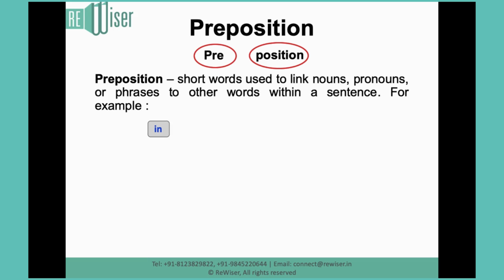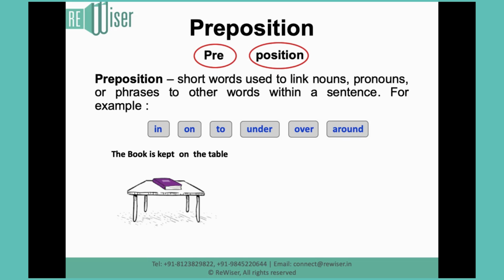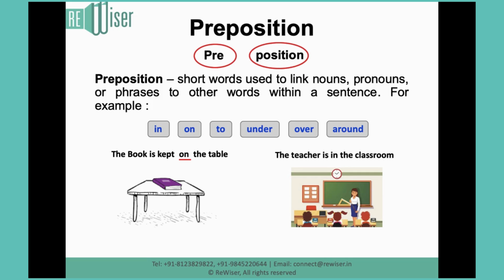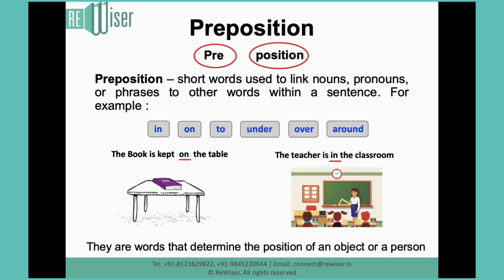For example, you can have in, on, to, under, over, around, etc. Example: the book is kept on the table. It shows the relationship of the book towards the table, or it's on the table. The teacher is in the classroom. So it's the relationship between the teacher and the classroom, and the word in is used. So these are words that determine the position of an object or a person.